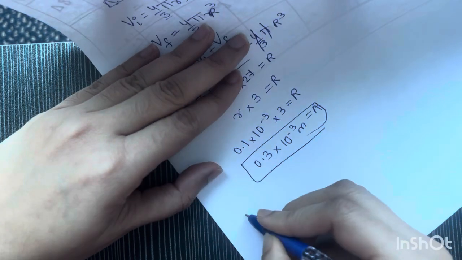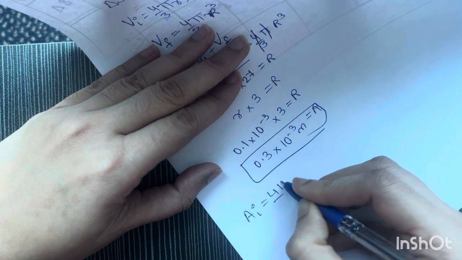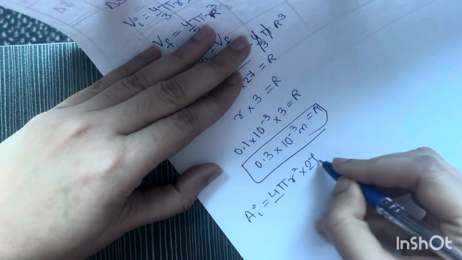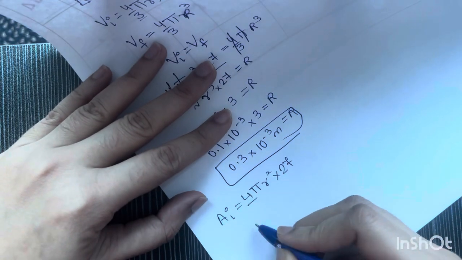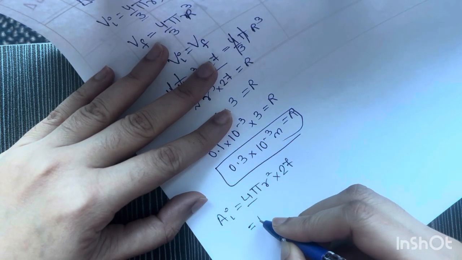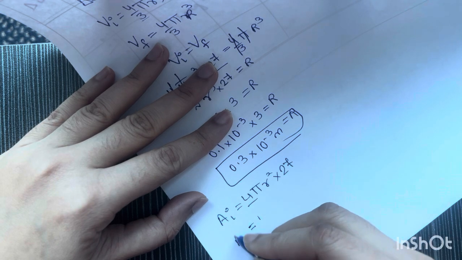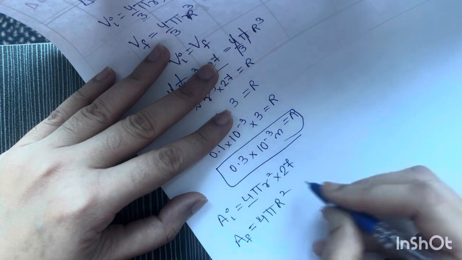Now we will look at surface area. The initial surface area is 4 pi r square into 27. This is what we wrote. The final surface area we have already mentioned, 4 pi capital R square.